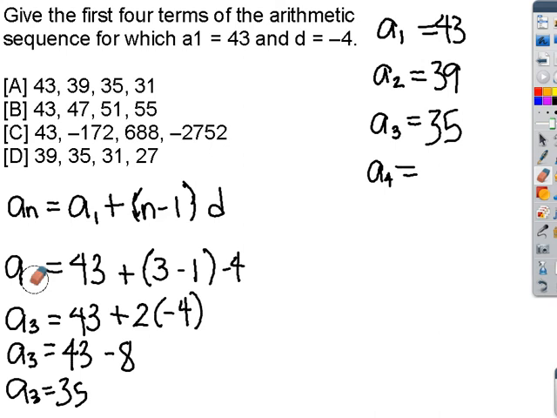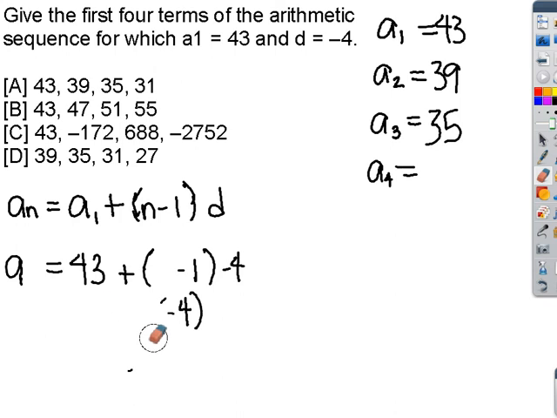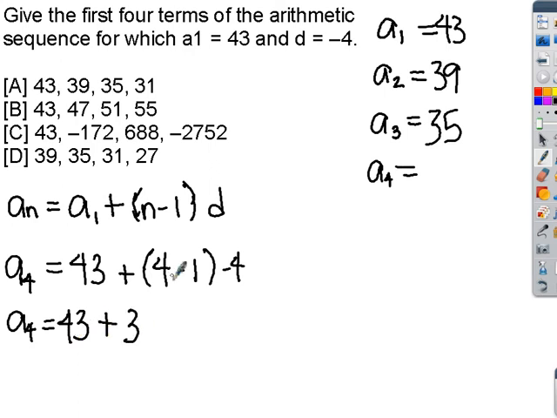I'm going to erase all this stuff, and I'm going to put in a 4 now because I'm looking for the 4th term. So a sub 4 equals the first term plus 4 minus 1 times negative 4. So a sub 4 equals 43 plus 3, I just went ahead and subtracted there, times negative 4.